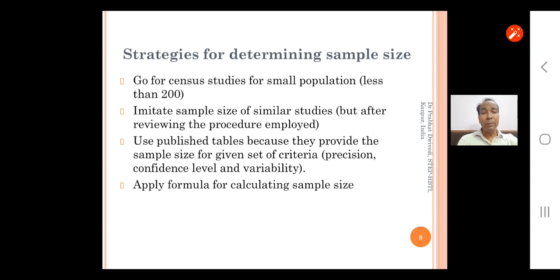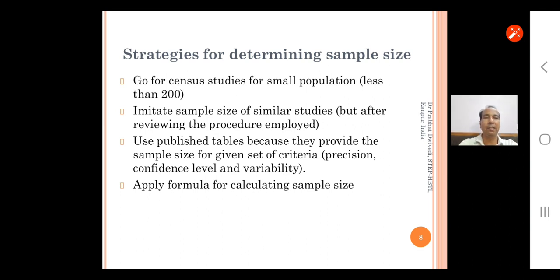Next strategy is to use published tables. This is again a wonderful idea. There are published tables which show the parameters, the factors, and the population size. Based on those factors and population size, we can select an optimal sample size, because those published tables are scientifically built up.